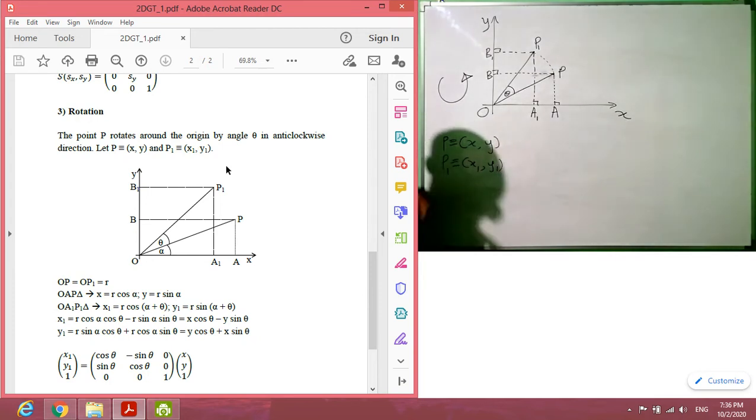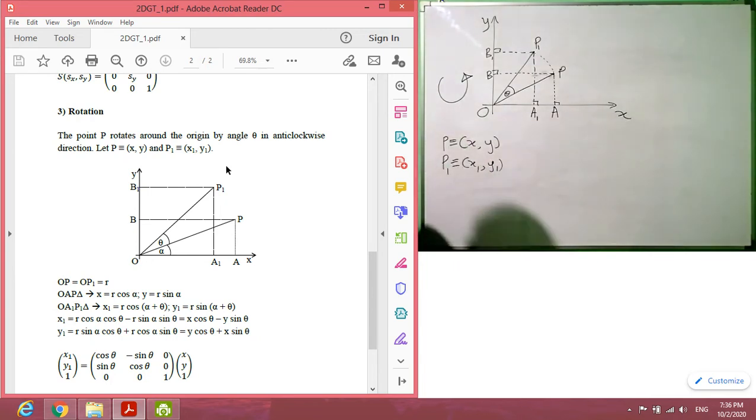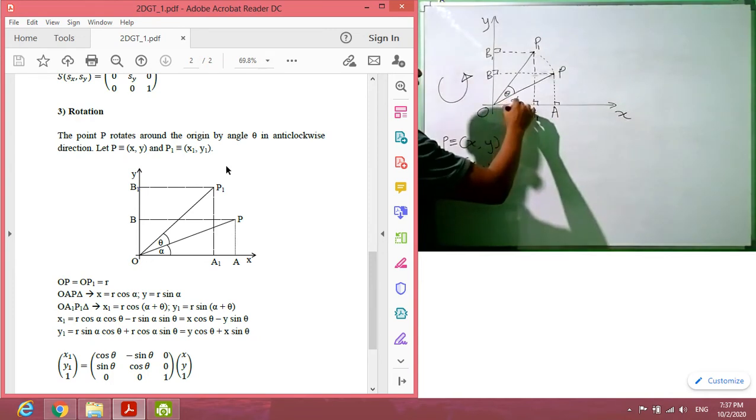Now we want to develop a relationship between these two coordinates, and in order to do that, let's take this angle as alpha.